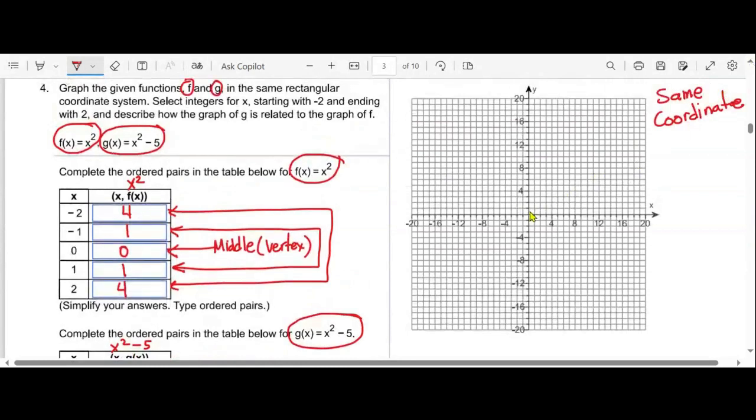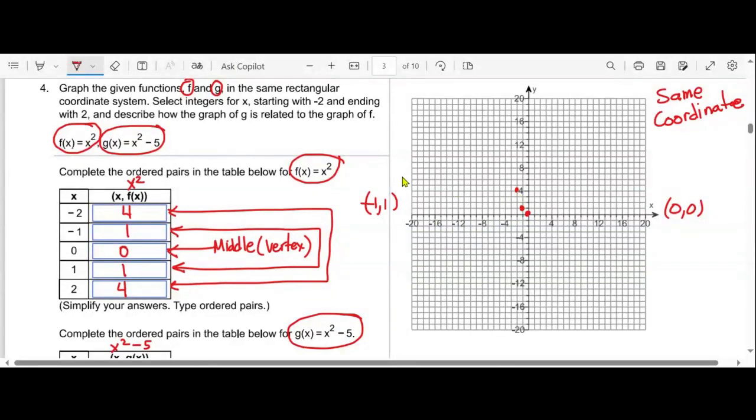Now let's graph the points. The first point is 0, 0. Second point, -1 and 1. Next point, -2 and 4.